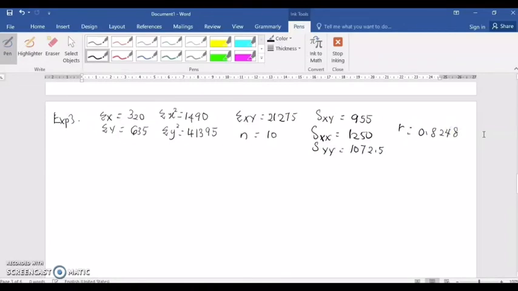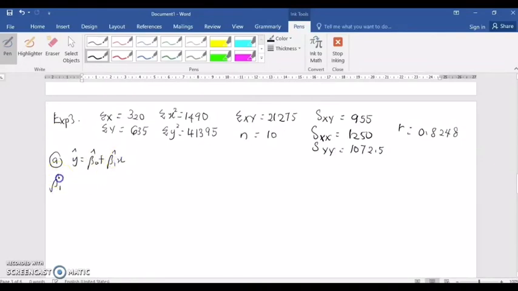Based on this information, what you need to calculate first is the regression line, y equals beta naught hat plus beta 1 hat x.